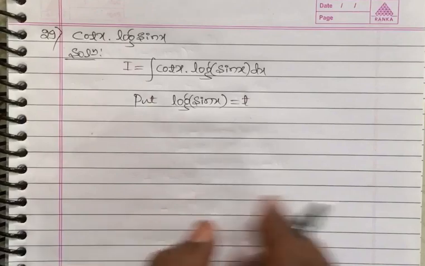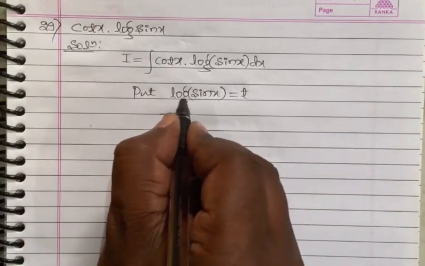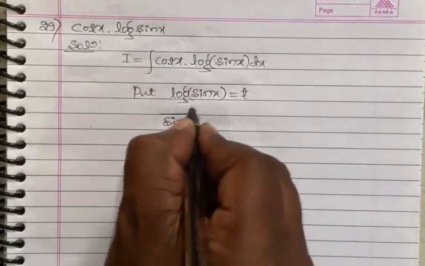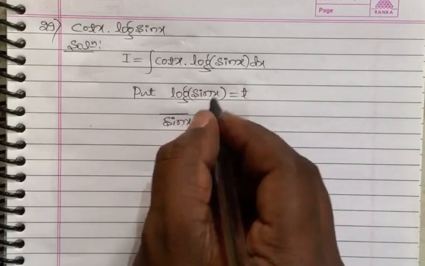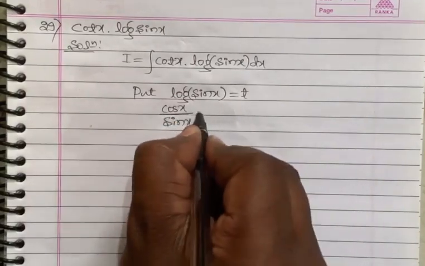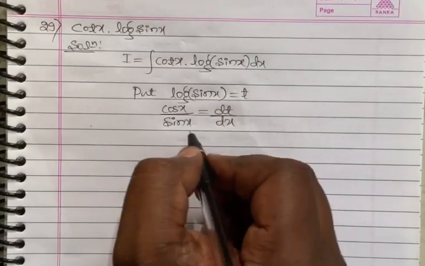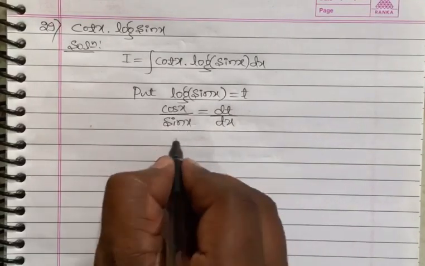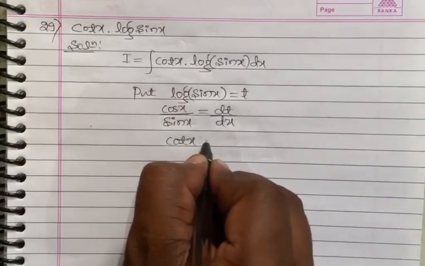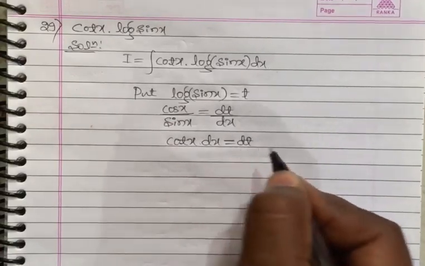So what is the derivative of log sin x? It is in the form of log x. Derivative of log x will be 1 by x. So 1 by sin x into d by dx of the inside function. Derivative of sin x will be cos x, which equals dt by dx. So now what is cos x by sin x? It is cot x, and I take dx to the LHS, cot x into dx equals dt.